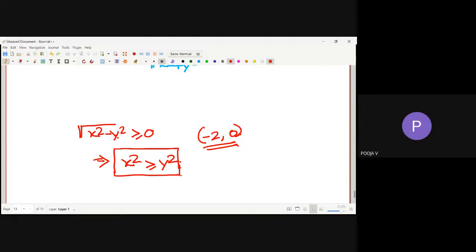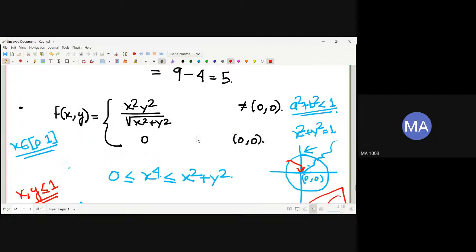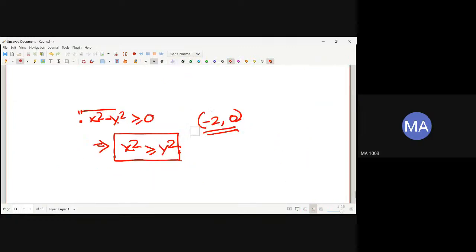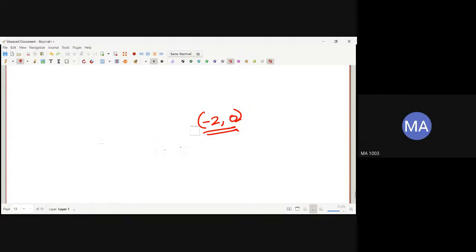In such cases, how should we choose the path, sir? No, so again, as I said, most likely, let me try. I'm not sure if I can prove it. If you want to show that the limit doesn't exist, then you have to choose a path.